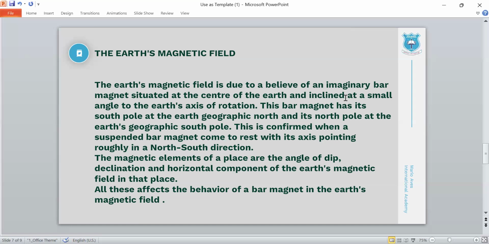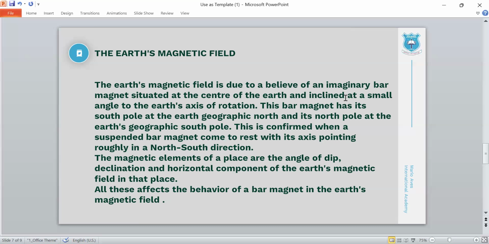We are talking about the Earth's bar magnet, which is imaginary and that we cannot see, located at the center of the Earth, and the south pole of that magnet is located at the north geographical setting of the Earth. So that is that.